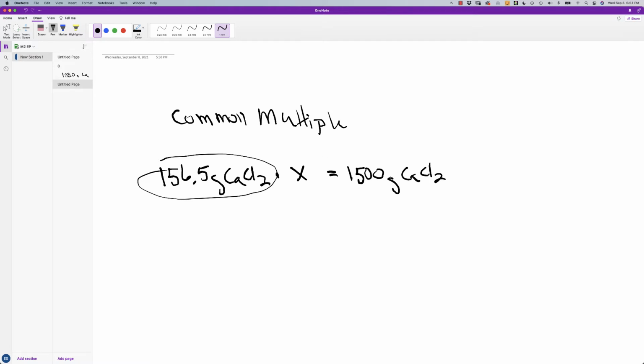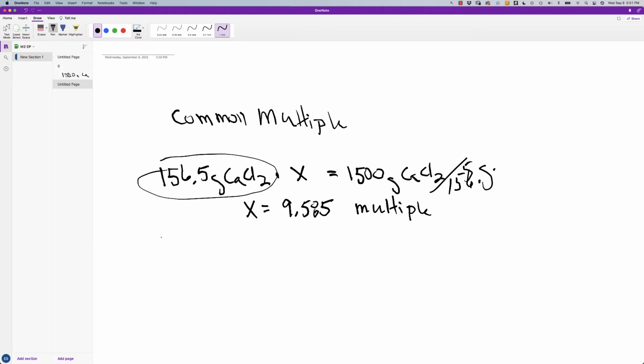We're going to bring this over and divide. So that'd be 1,500 divided by 156.5 grams. And when we do that, our X value is equal to 9.585. Okay, this is our multiple.